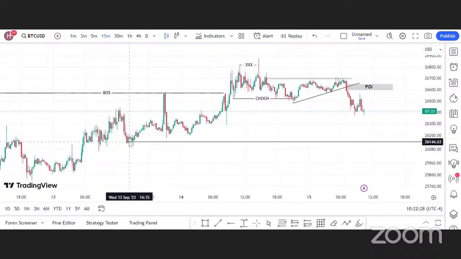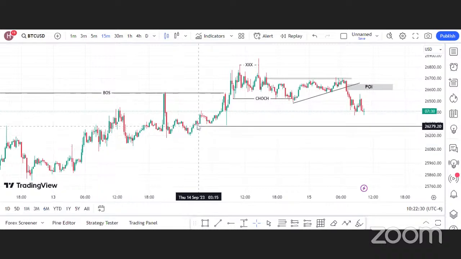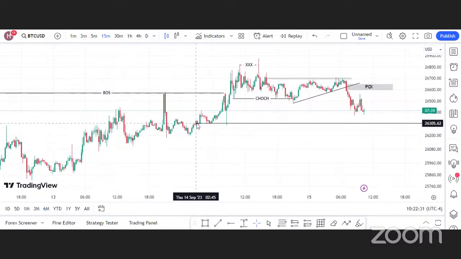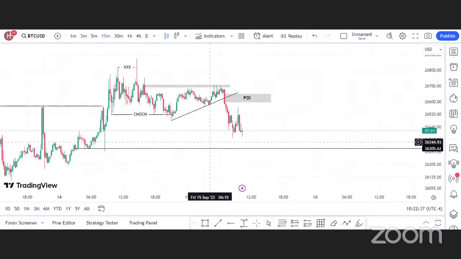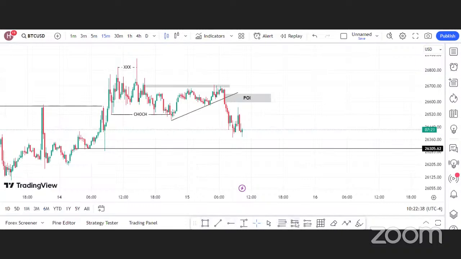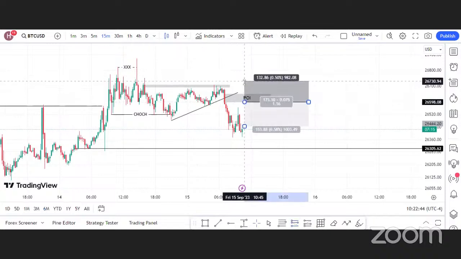We have so many gaps here, so don't go too far, all right? This is the 15-minute time frame. So you can actually do this.